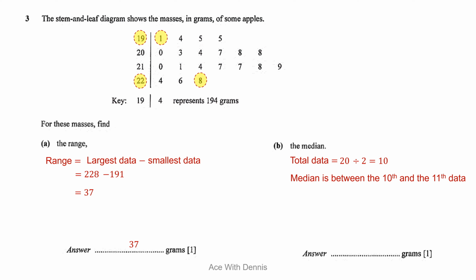Hence, from the stem and leaf diagram, this is the 10th data, and this is the 11th data. So the median will be the 10th data, which is 208, plus the 11th data, which is 210, then we divide by 2, and we get 209. Hence, the answer is 209.